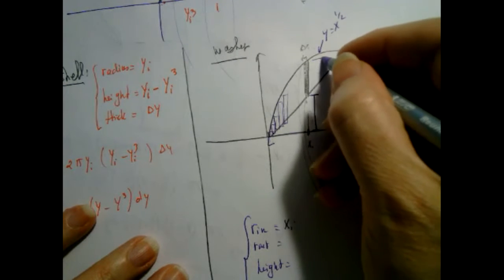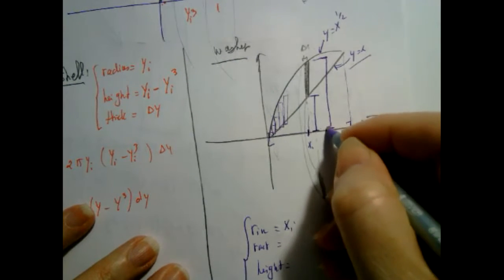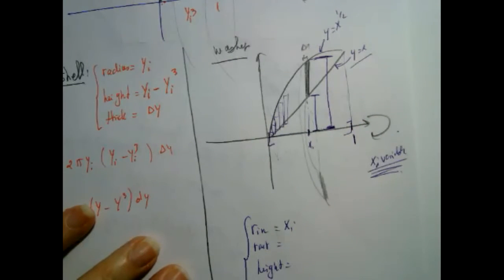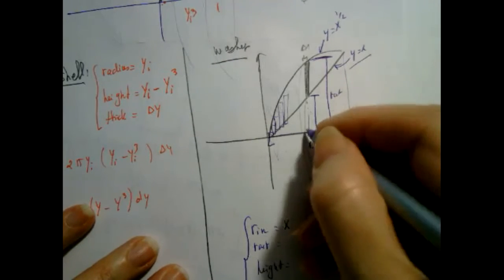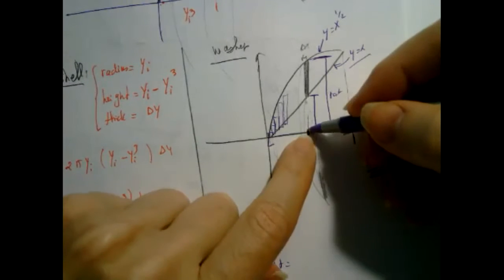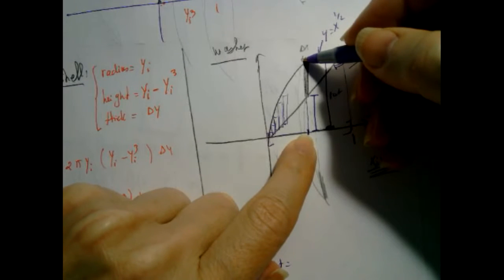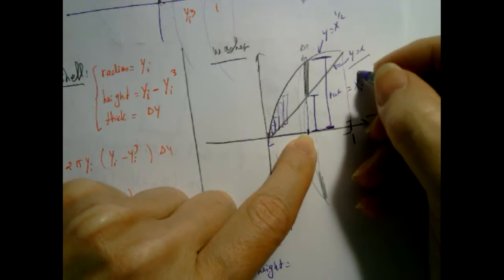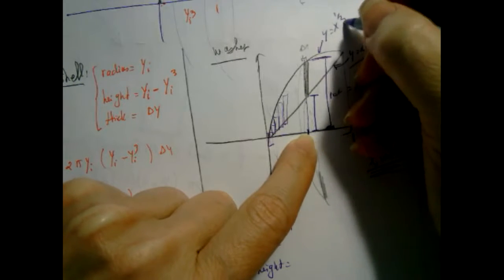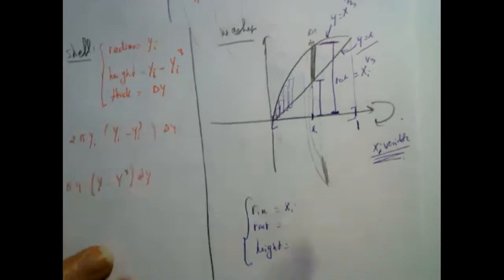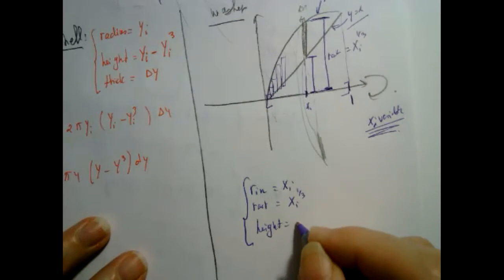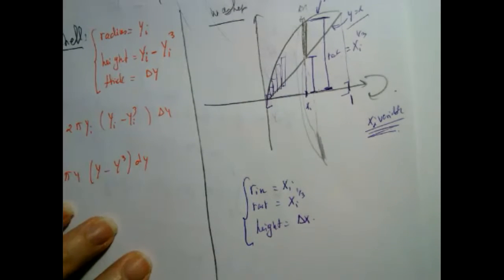And my outer is from here all the way down to here. That's my outer radius. If this is xi, from here to here till I hit the curve, that's a vertical distance, that's xi to the power one third. So my outer is xi to the power one third. My height is the little delta x.